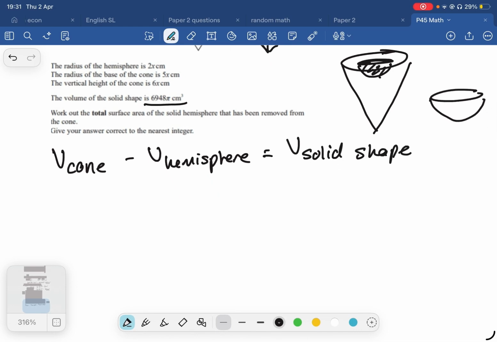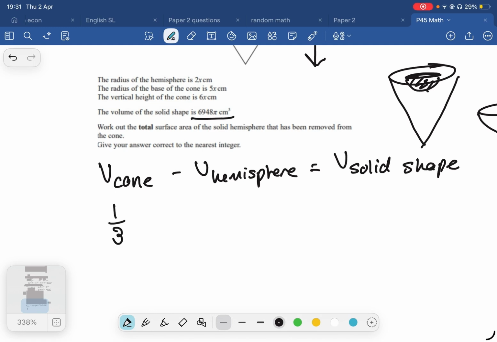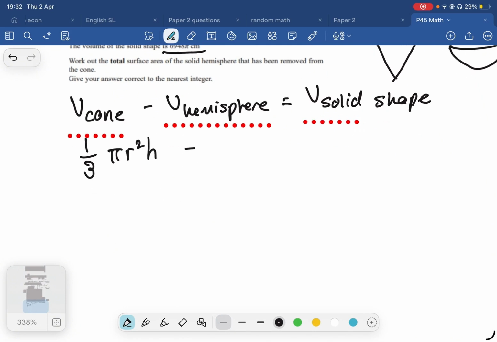So the volume of a right cone is 1/3 pi r squared h. Volume of a hemisphere, not sure what that is, whatever, I'm going to ignore it. Volume of a hemisphere is 1/2 times the volume of a sphere, which is 4/3 pi r cubed.